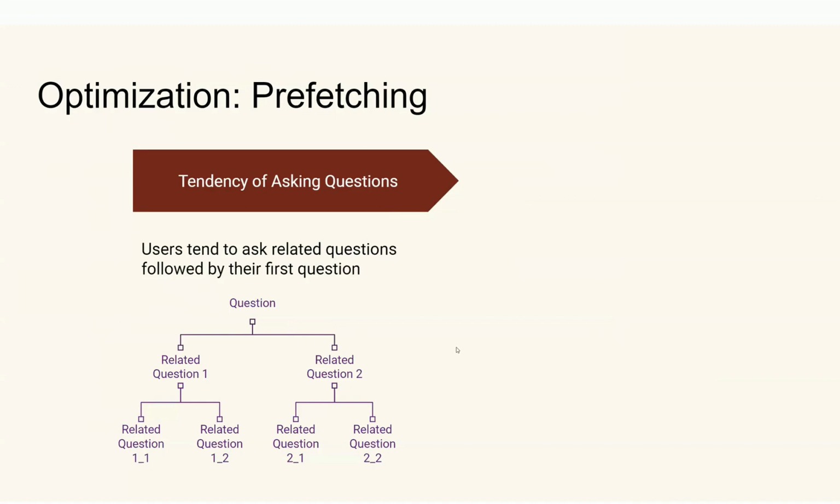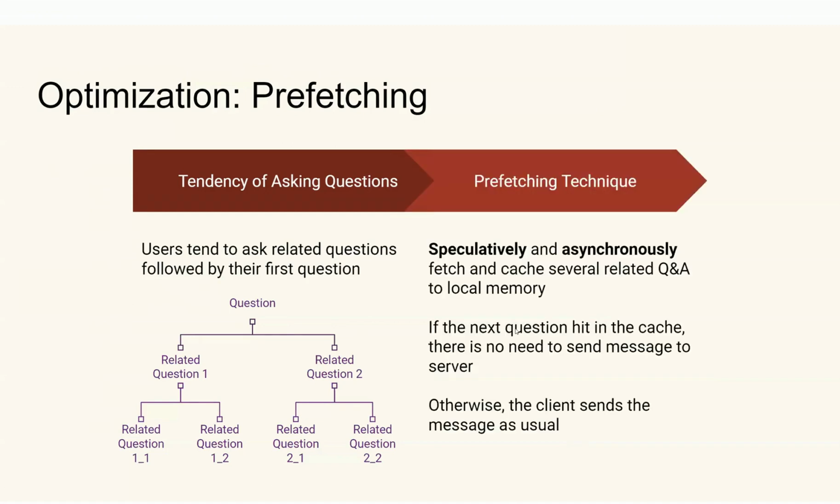Then, based on these questions, the user may continue to ask more related questions like 1/1, 1/2. For example, if a person asks where is Purdue, he or she may also want to learn more about its information, such as when Purdue was founded and what Purdue's US ranking is.